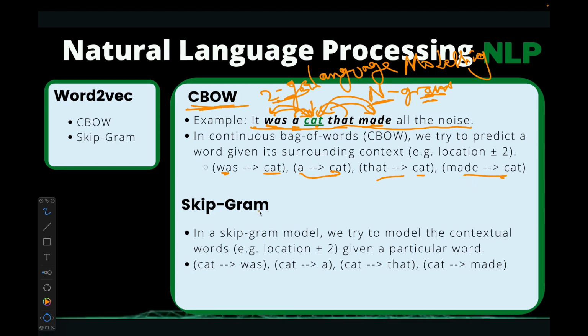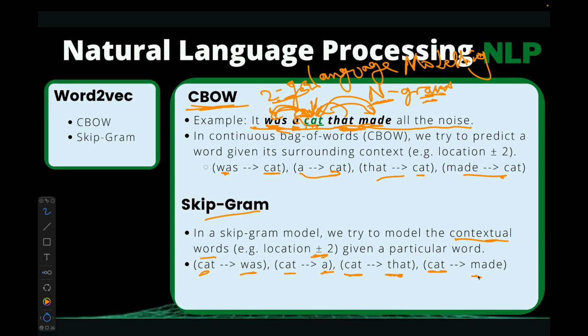Now, when it comes to Skip-Gram, we base on the contextual word, here the focus word that we chose as cat, and then try to predict the surrounding words. We choose 2-gram, that is 2 words plus or minus. So given cat, can we predict "it"? Given cat, can we predict "was"? Given cat, can we predict "that"?